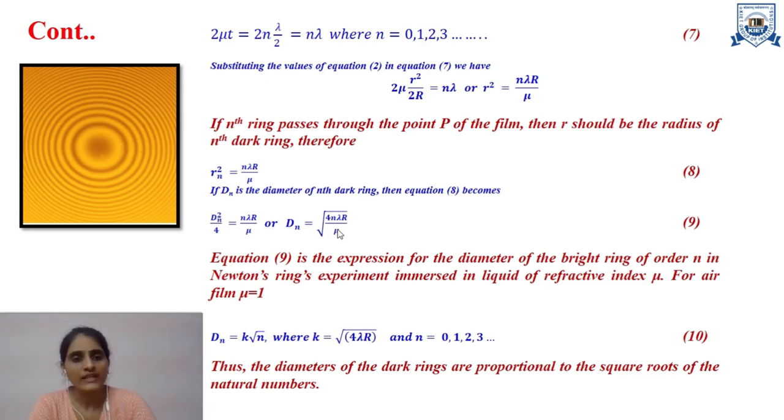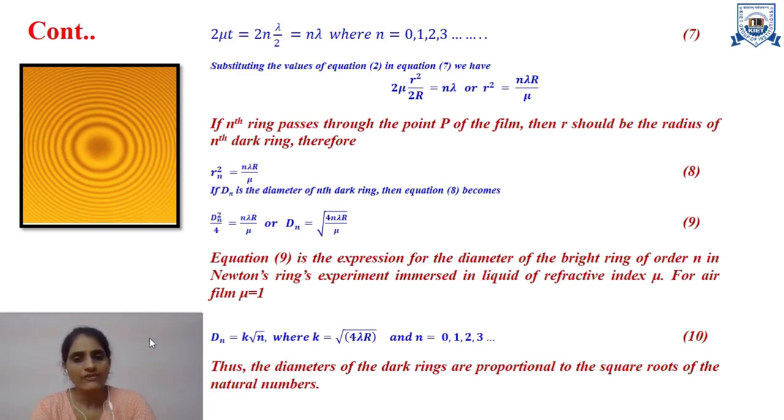Thus, equation 9 is the expression for the diameter of dark ring of order n in Newton's ring experiment immersed in liquid of refractive index mu, but in our case it is an air film, and for air film refractive index is 1.